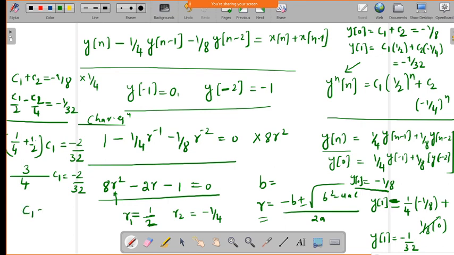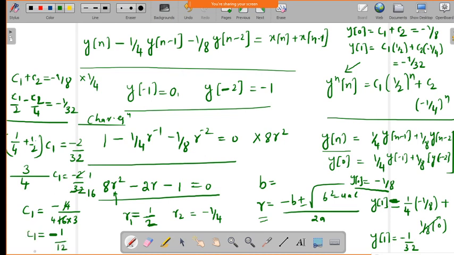So C1 is given by, dividing by 2, it is 1 by 16. So you will get minus 4 by 16 times 3, which is nothing but minus 1 by 12 after canceling the 4s.